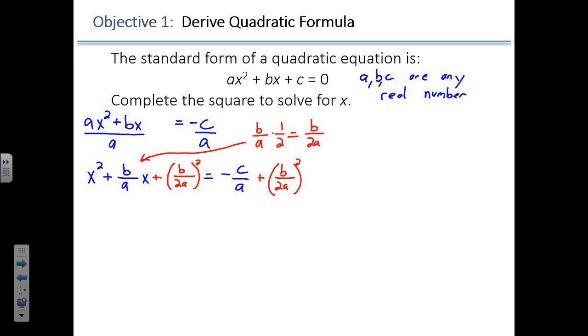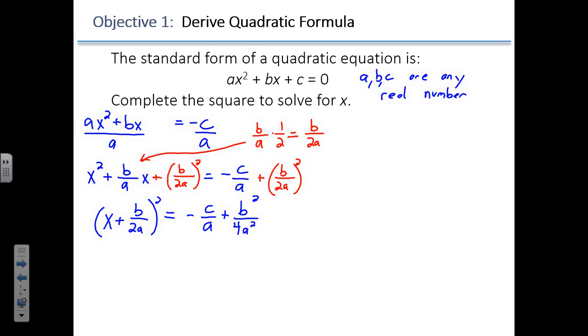Now on the left side, this of course we know is going to factor to become (x + b/2a) squared. And on the right side, we had negative c over a plus b squared over 4a squared.